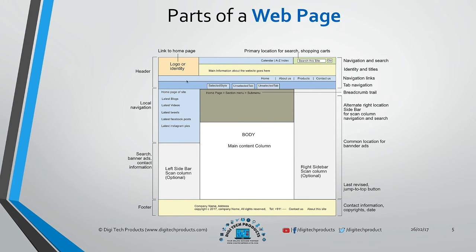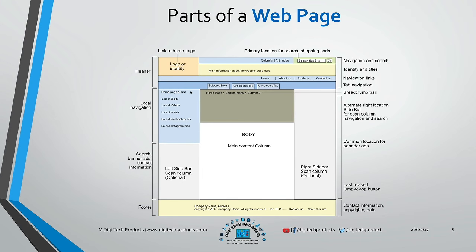Okay, and this is the area where you have the menus or the pages, web pages, connectivity, some information about the header, like on our Digitech Products site we said complete web solutions for both online and offline businesses.